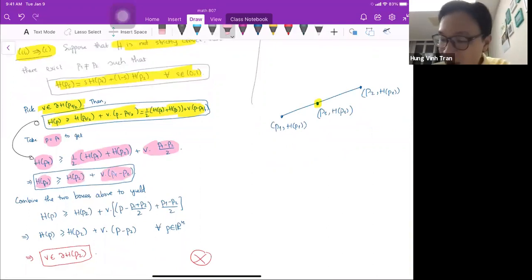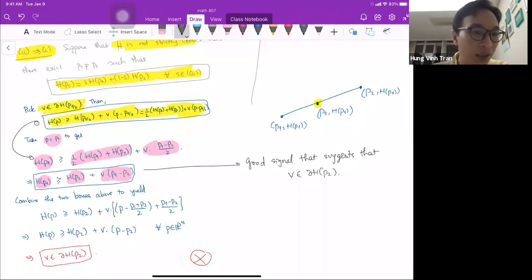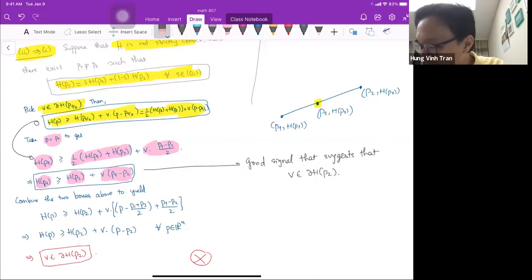And this is already a good signal, right? Why is it a good signal? This suggests that v is in the subdifferential of h of p2, right? That's a very good signal already. And it's also clear from the picture. Let me change this one to p1/2.